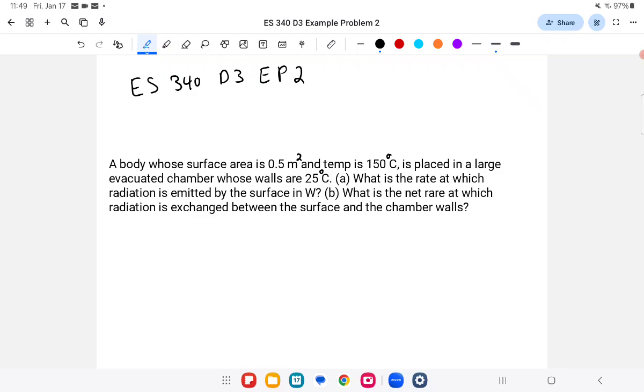Okay, so for part A, recall that we had this equation for the rate of radiation, which is Q dot is equal to epsilon times sigma times A times T_B to the fourth power.